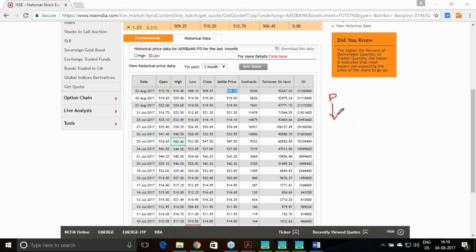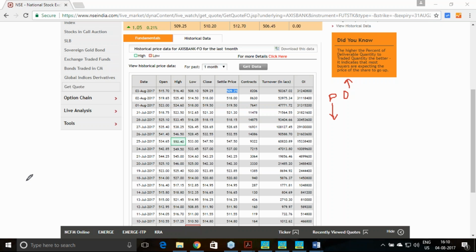What will it infer? How will you translate this action? Prices are falling, open interest is rising. Short build up is happening.